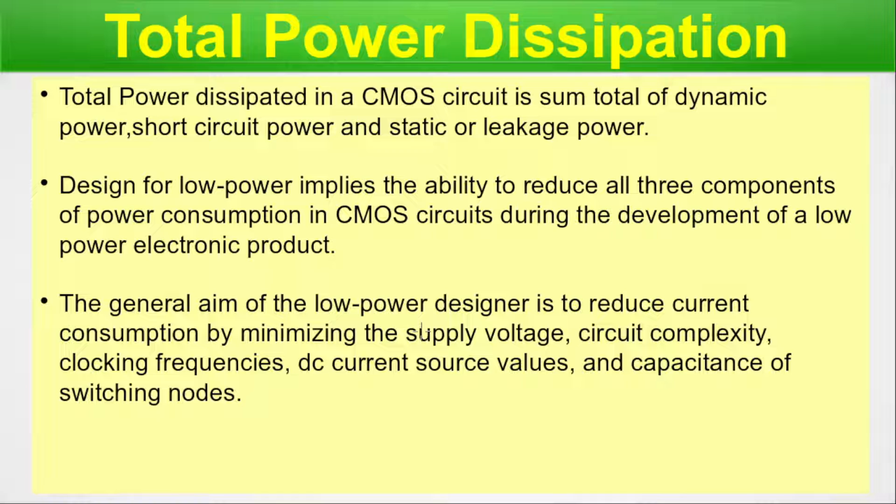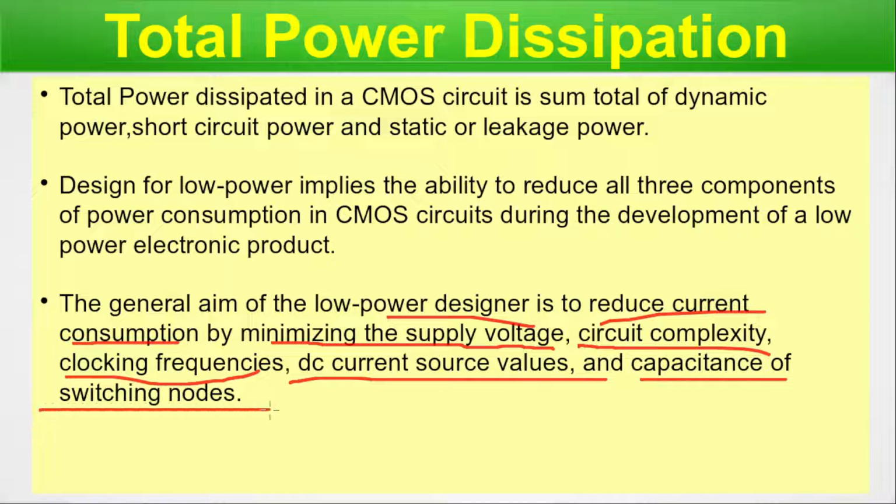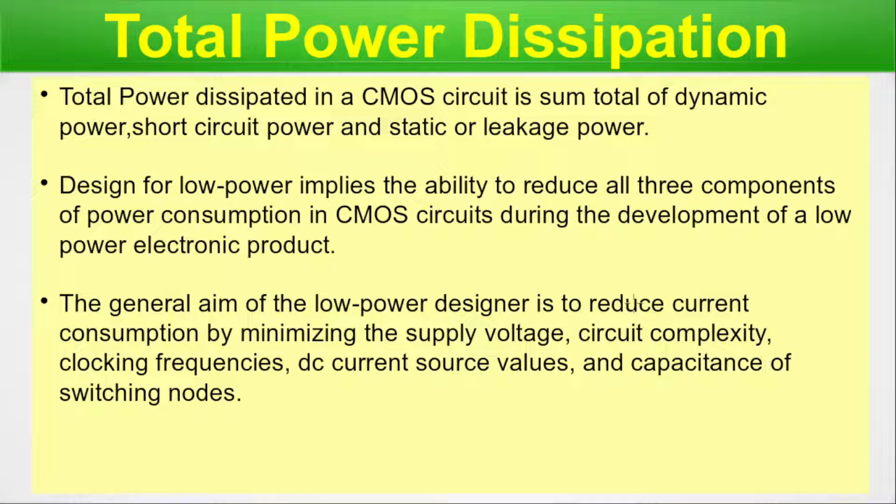The general aim of the low power designer is to reduce the current consumption by minimizing the supply voltage, circuit complexity, clocking frequency, DC current source value and capacitance of the switching nodes. You have seen the load capacitance we have shown in some of the figures a couple of slides back. All these points have to be taken care of because supply voltage we have to minimize for the dynamic power dissipation.